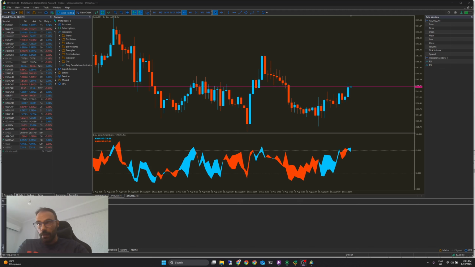And the good thing about correlated pairs is that they usually move together, but not in an absolute way, meaning that sometimes something is going to be slightly stronger or slightly weaker than another asset, and this is where we can identify these opportunities by buying the weaker and selling the stronger, because we go to the opposite way.